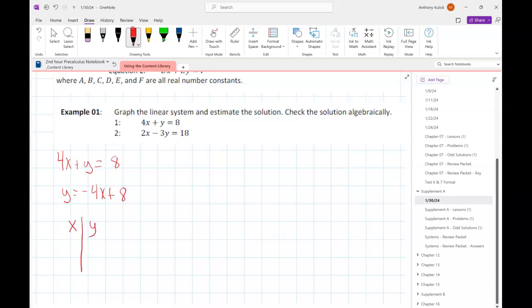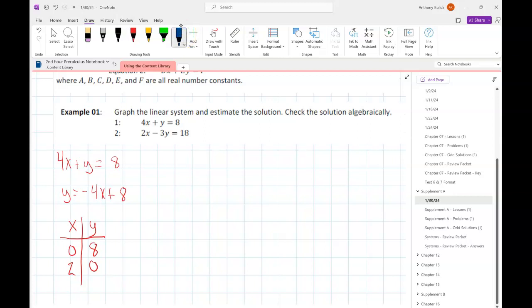Now I'll make a little xy table. Maybe I pick 0, and when I plug 0 in for x, I get 8. And then maybe I'll pick 2. When I plug 2 in for x, I get 0. So there are the points I need to graph line 1.